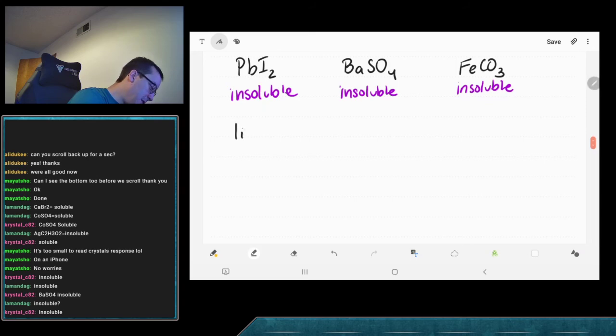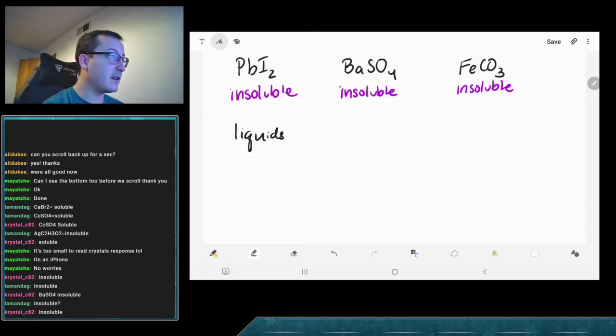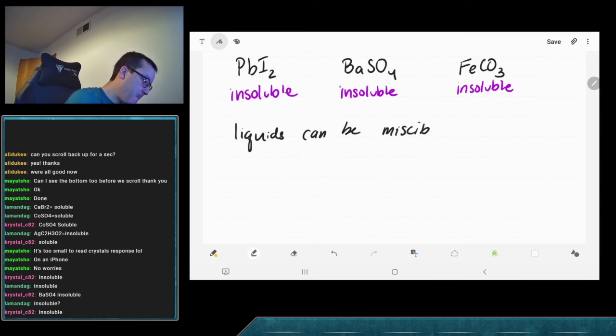So liquids, which are going to be somewhat different, there's a special term called miscible. And that means they dissolve.